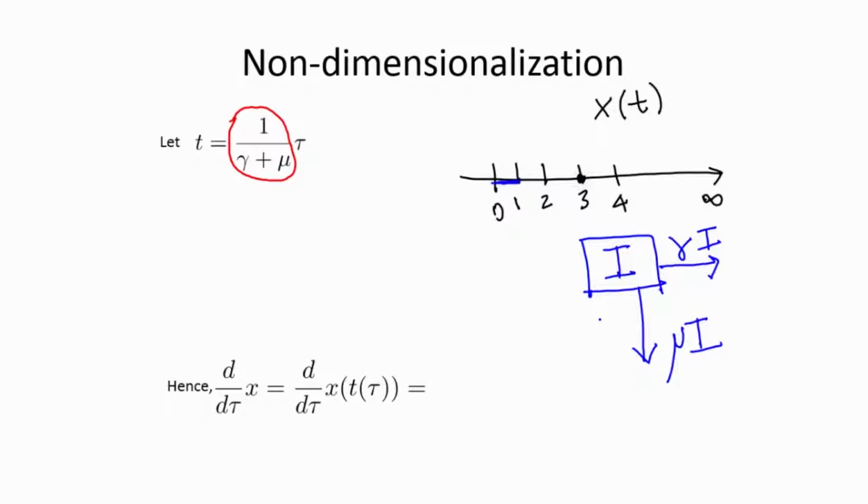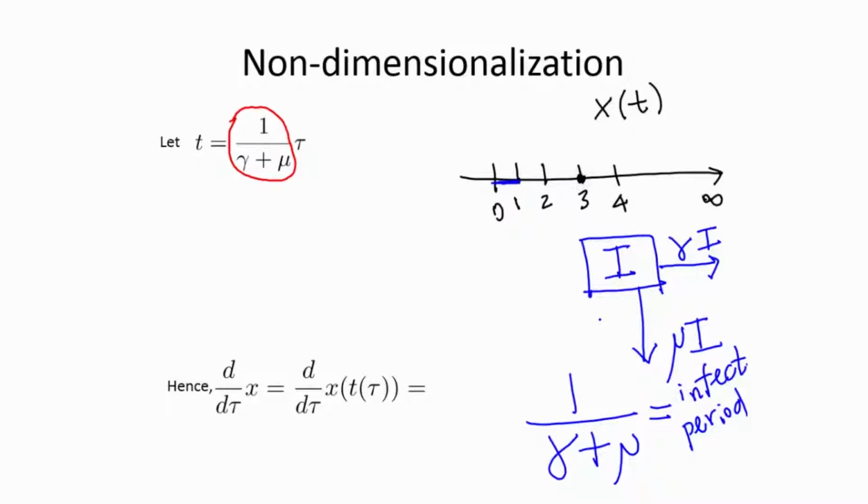Because these are the constant rates at which you may get out of this compartment, there's a standard calculation that says that 1 over gamma plus mu is the average length of time that one individual spends in that compartment I. This is typically called the infectious period. The infectious period is the average length of time spent in that compartment I.